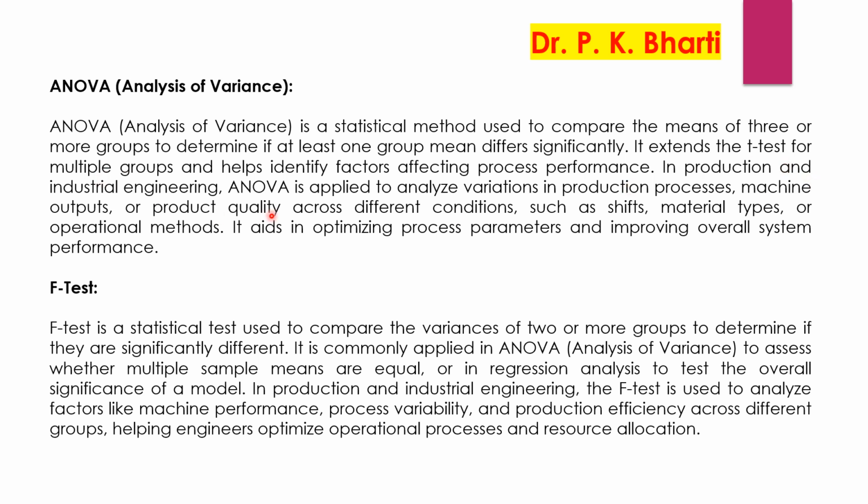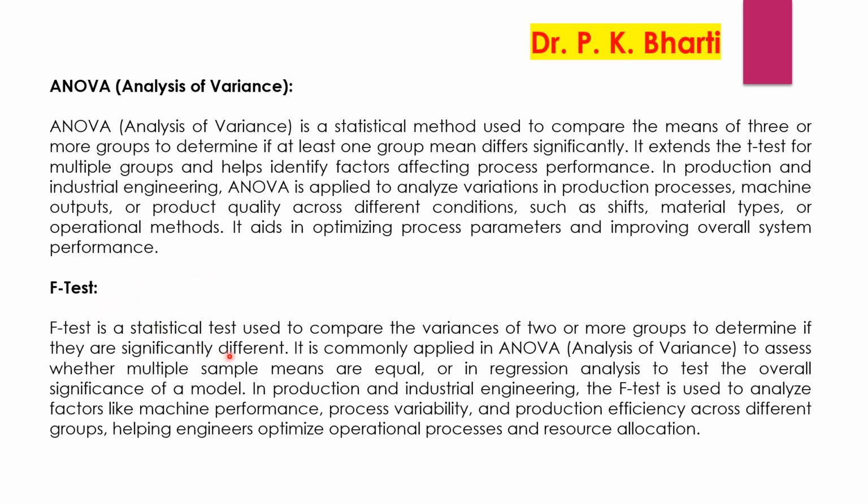In production and industrial engineering, ANOVA is applied to analyze variations in production processes, machine outputs, or product quality across different conditions, such as shifts, material types, or operational methods. It aids in optimizing process parameters and improving overall system performance.